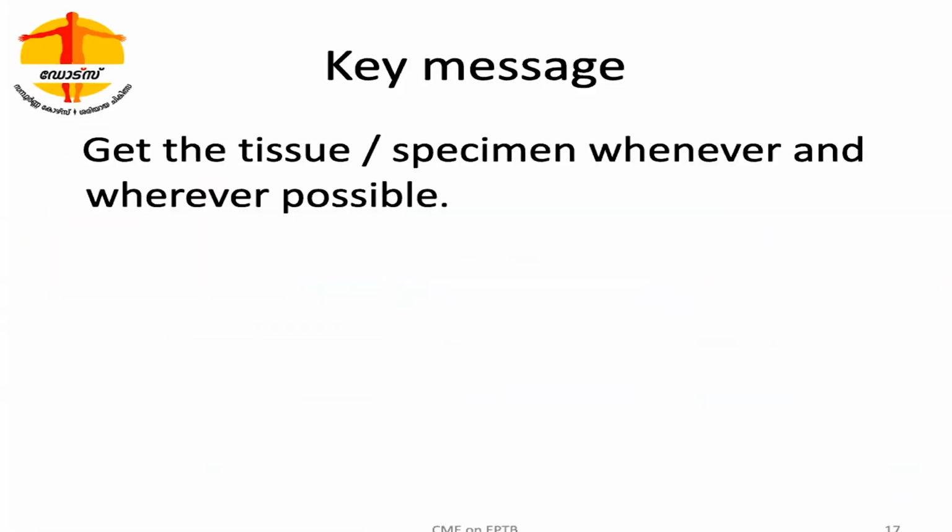Still, when we have a specimen, it is better to send it for the CBNAAT test as well. So the key message is: get the tissue or the specimen whenever and wherever possible, so that you can avoid many of the dilemmas during the initial diagnosis.